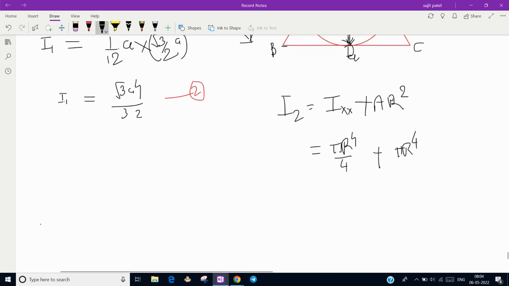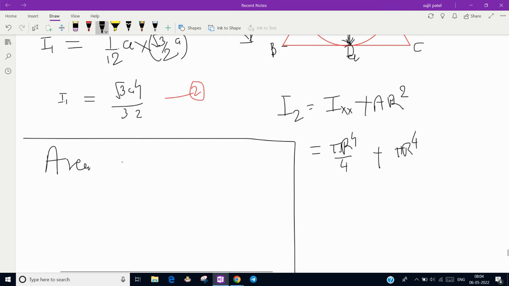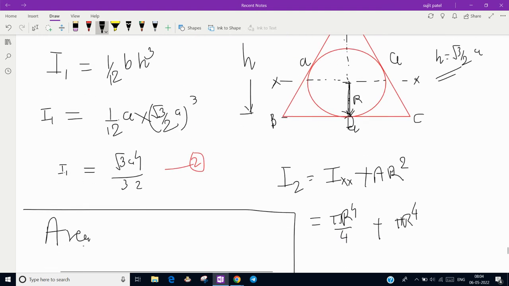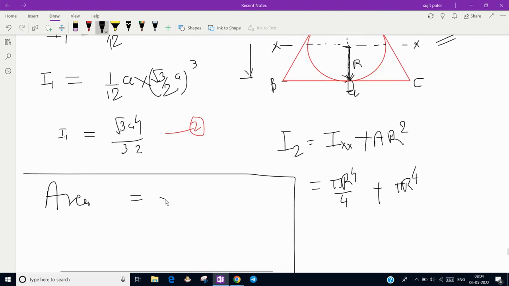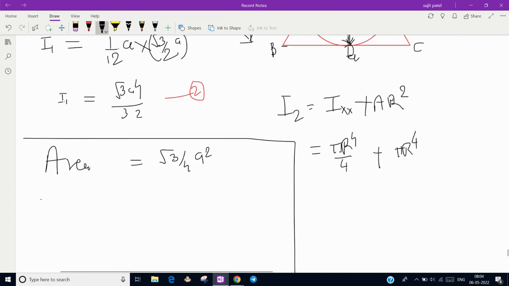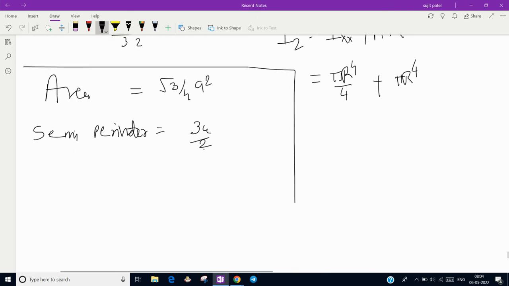So one thing that you have to remember is the area of this equilateral triangle. The area of this triangle is root 3 by 4 a square. And what is the semi perimeter? Semi perimeter will be 3a by 2. The perimeter is a plus a plus a, that is 3a, and half is 3a by 2.